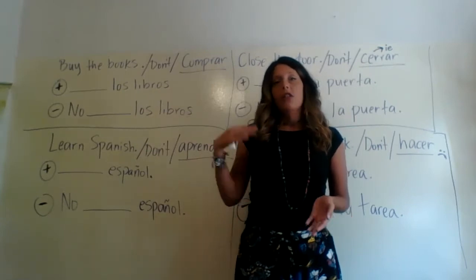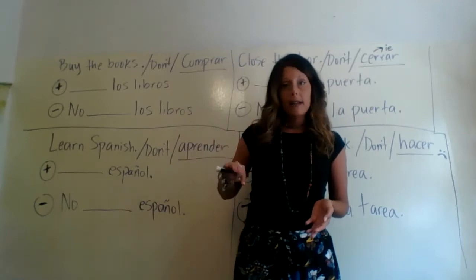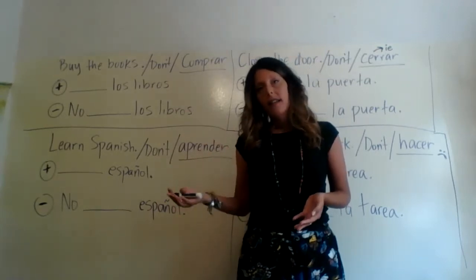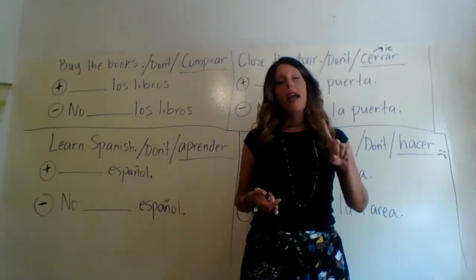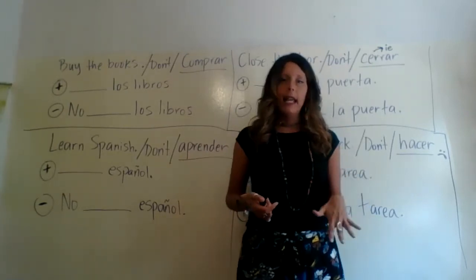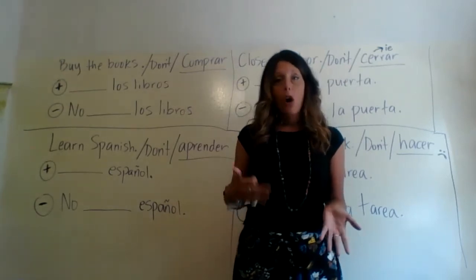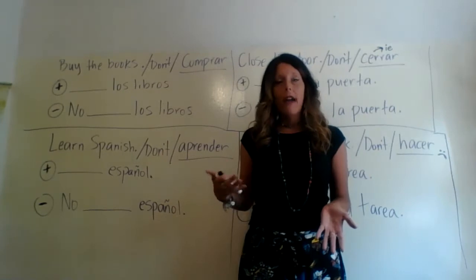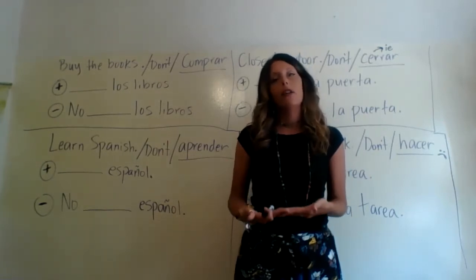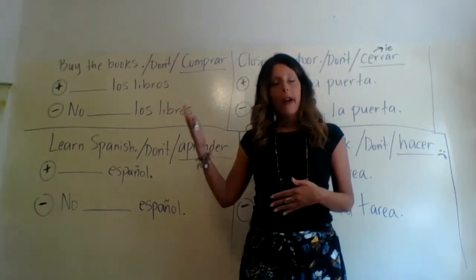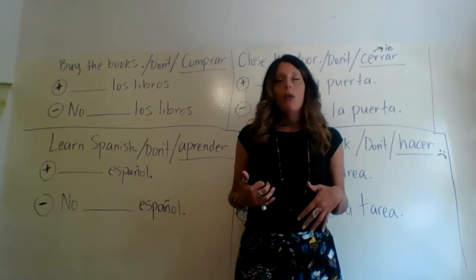So I would have yo compro, tú compras, él, ella, usted compra, etc. So we know if we want to choose option A, which is just stealing the él, ella, usted, what would it be? Compra, C-O-M-P-R-A, would be my affirmative informal tú command for the verb comprar. I'll write that up there in a second.